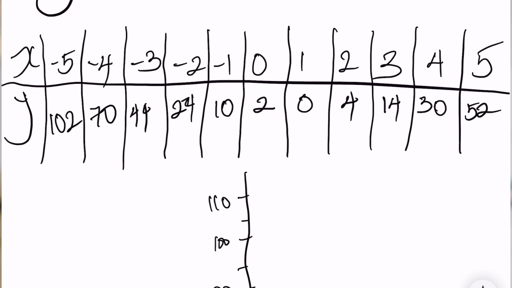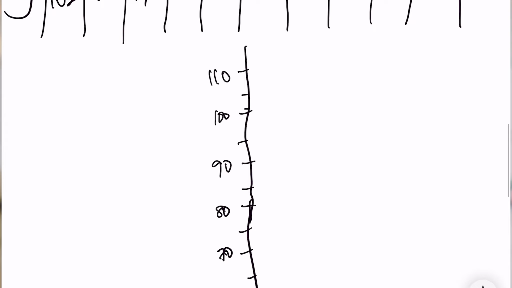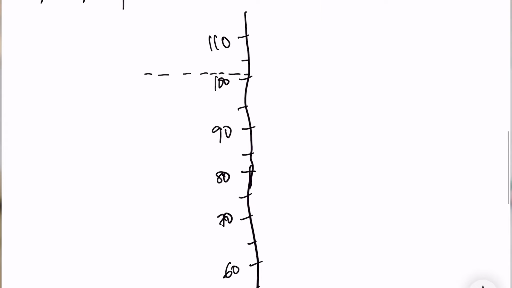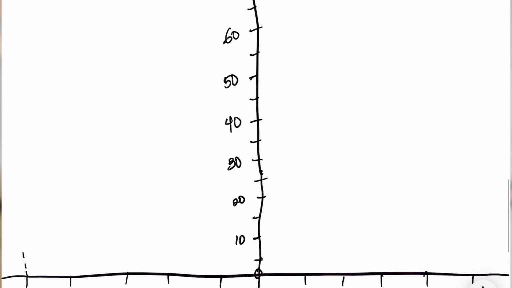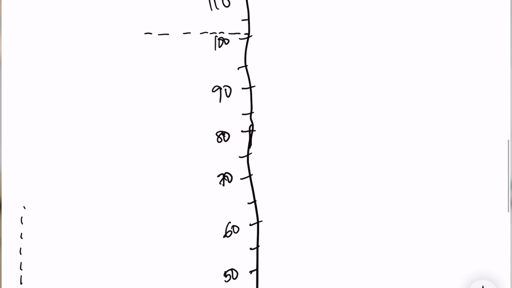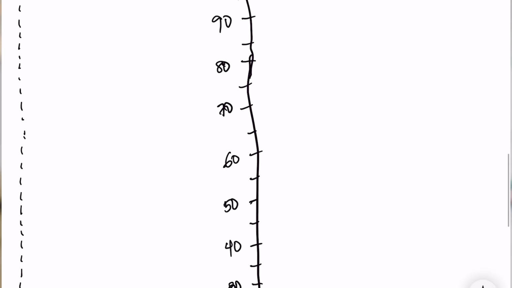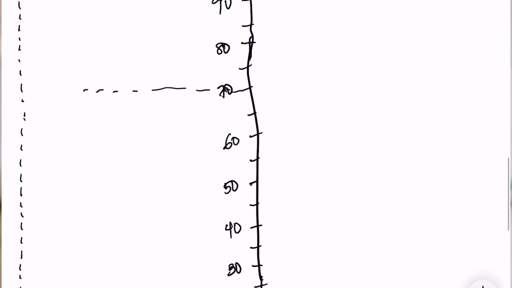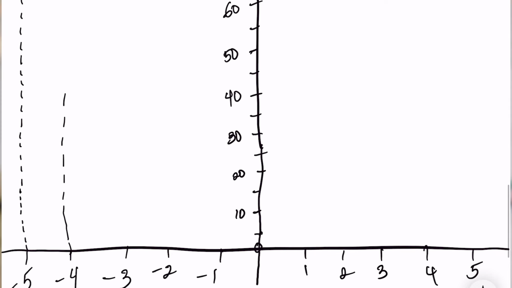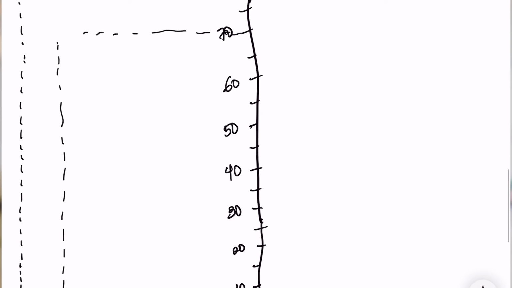Now, where x is minus 5, our y is 102. So where we have 100 here, 102 will be around this point. And where our x is minus 4, we have 70.